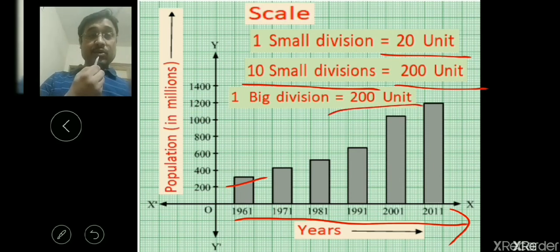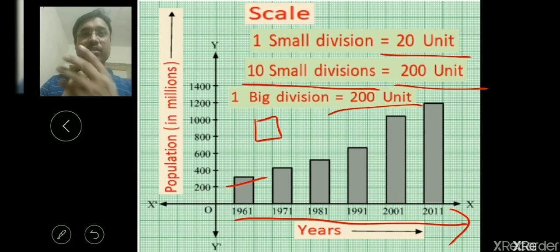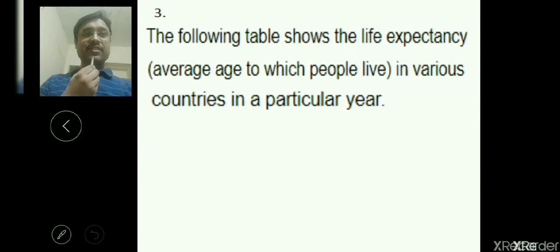That means 10 small divisions is 200 units, so one big division is also 200 units, because you can see on the graph paper that one big box is equal to 10 small divisions.